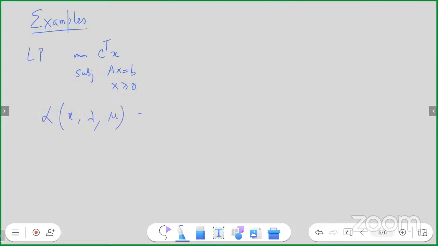L of x, lambda, mu should be c transpose x plus lambda x plus mu times (Ax minus b). Now these conjugates will appear naturally. So when I infimize L of x, lambda, mu, how do you think the conjugate will appear naturally here?